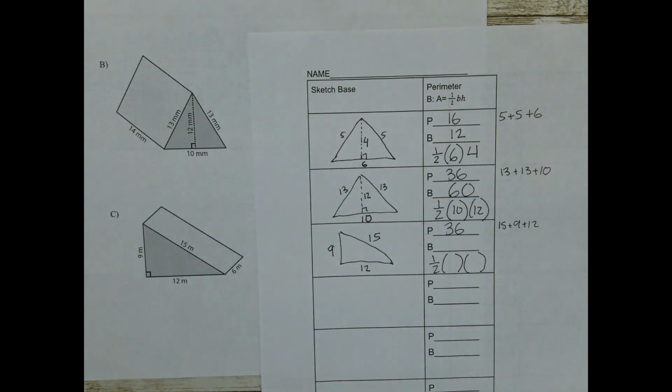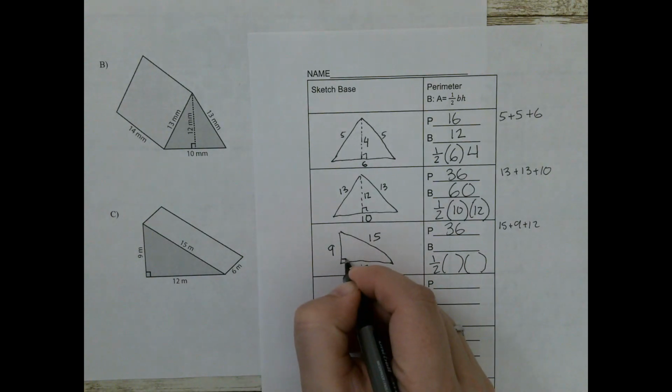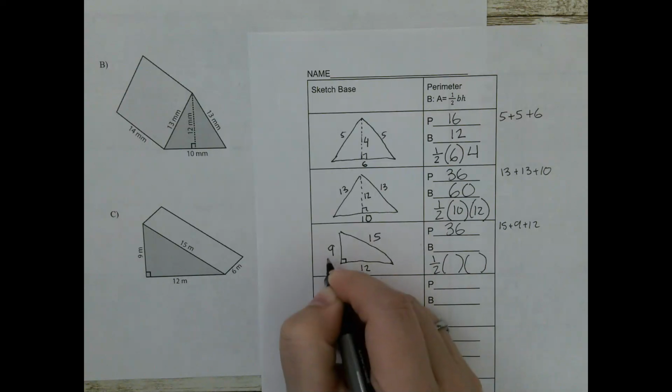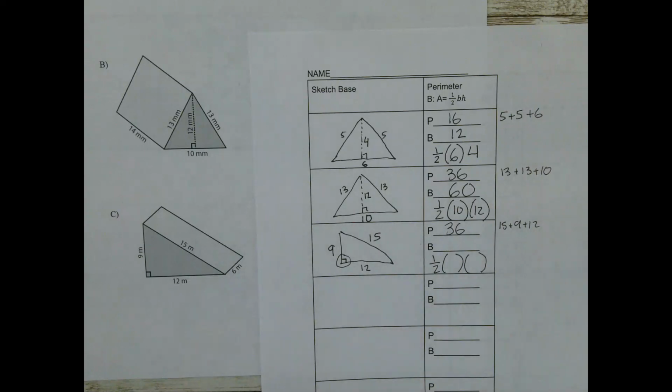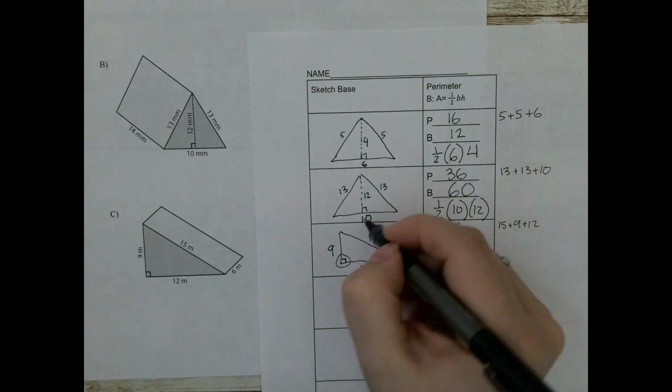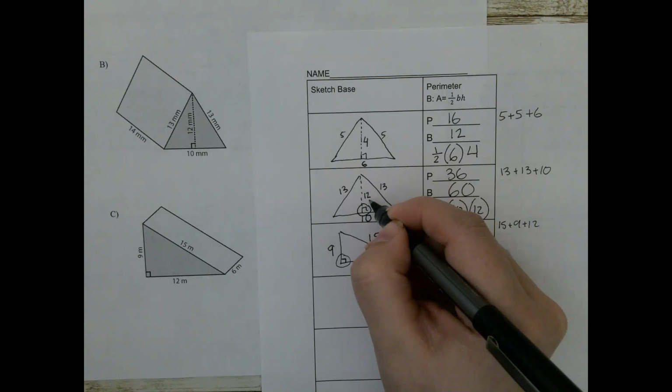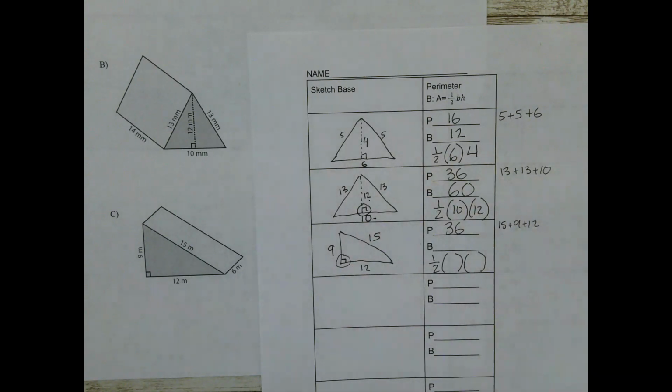Okay, when you're doing these triangles, these are right triangles, right? So this is your base, this is your height. The base and height always come out of a 90-degree angle. Same thing here. 90, we use the 10 and the 12. That's how we know which ones to use.